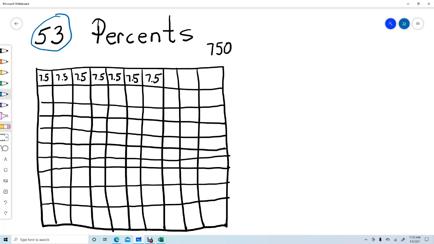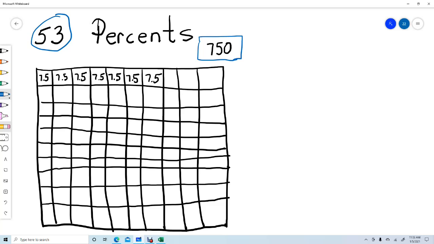If we take the number 750 and we divide it into 100 parts evenly, I drew this very sloppy grid, which should be exactly even boxes, but it's not. So imagine you're looking at a grid where all the boxes are the exact same shape because they represent the same amount for each box.